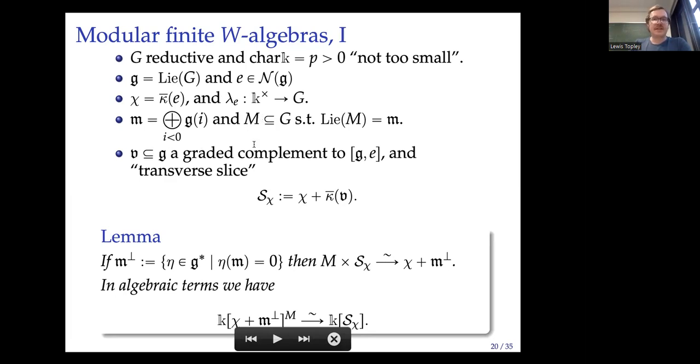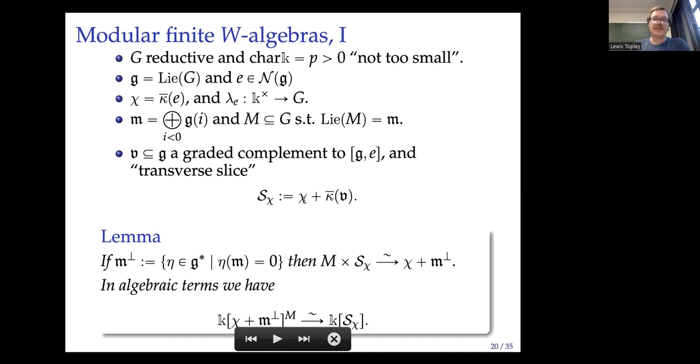So now we have to take a graded complement to the image of ad e, and we define this transverse slice, which is an affine variety given by chi plus the image of this complement. Okay, so this is how to best motivate it. If you take the orbit of chi under your group, then its tangent space is [g, e].